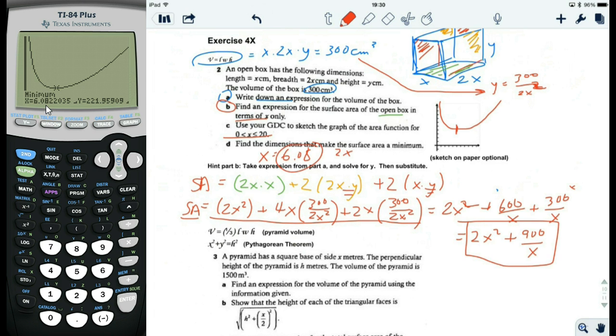2x, which would be the other side of it, would be 12.16. And the height y is equal to 300 divided by 2x squared.